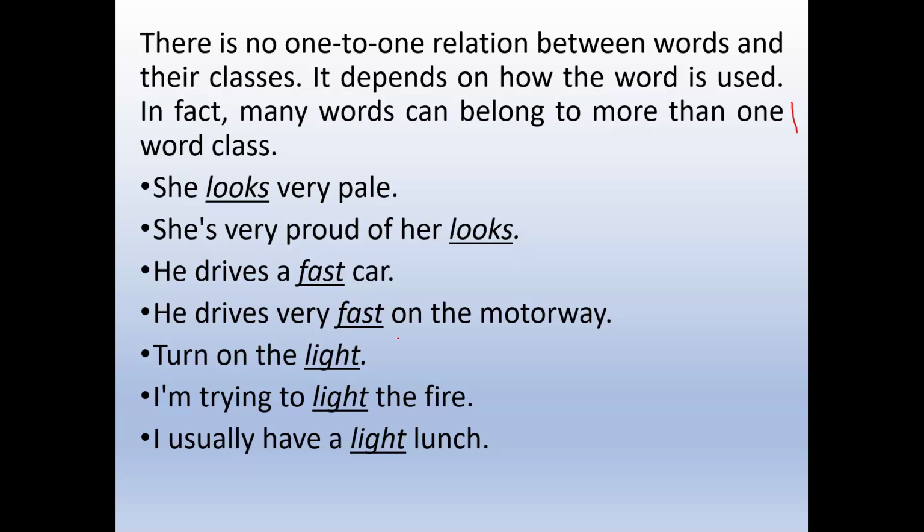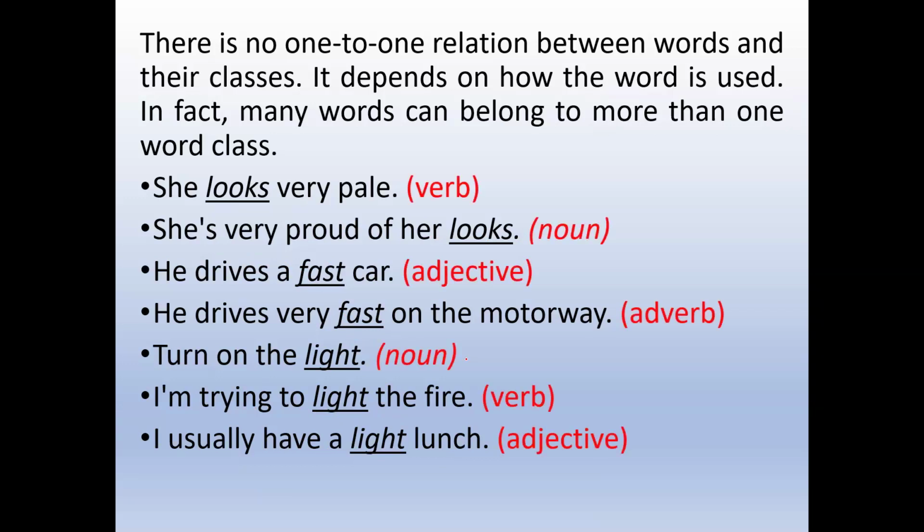He drives very fast. Adverb. Right. Light in the next one. Turn on the light. Noun. The next light. Verb. I'm trying to light the fire. Yeah. Last light. Adjective. Light lunch. Okay. Fine.